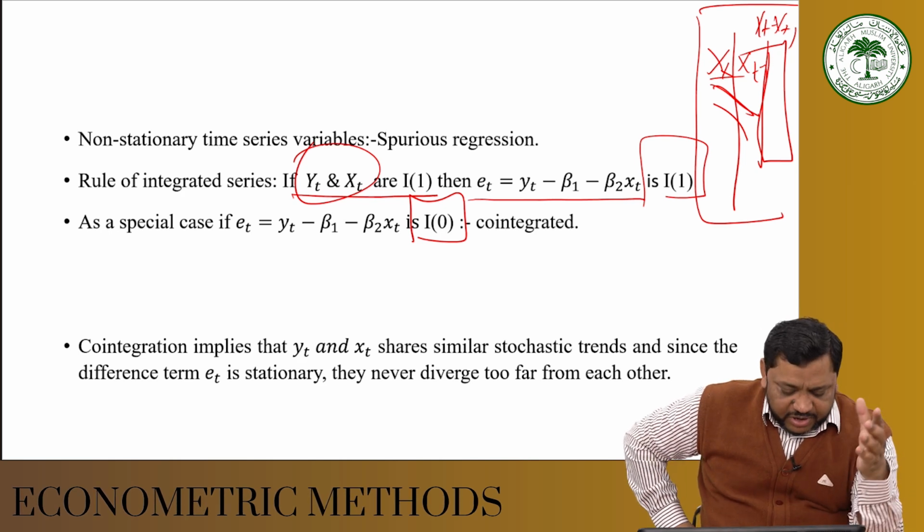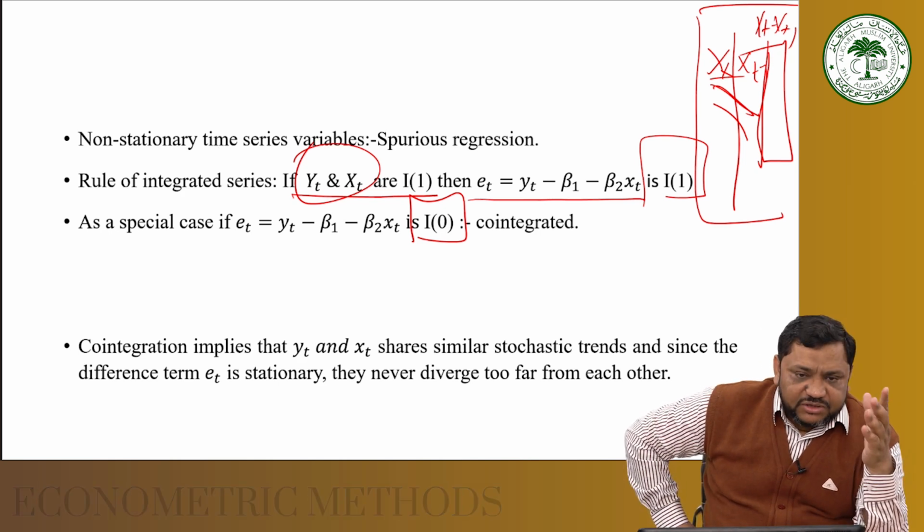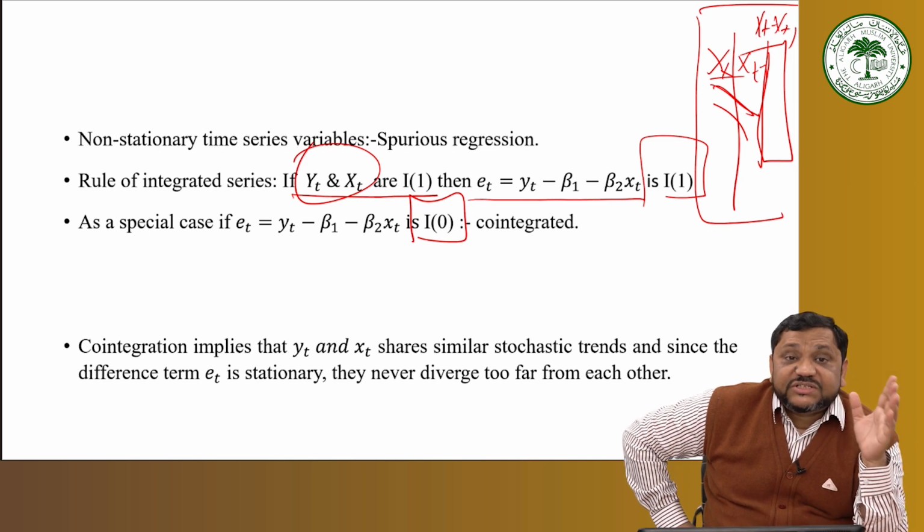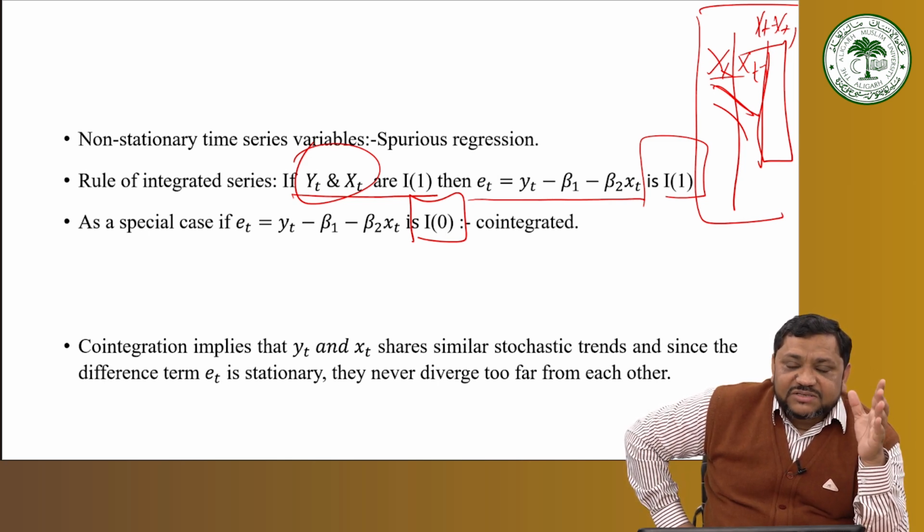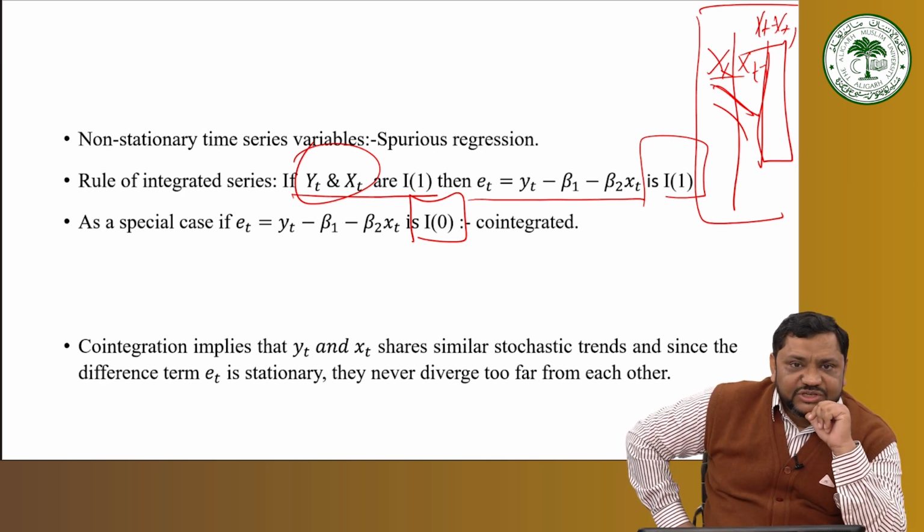That is how we define cointegration. It implies that the series xt and yt share a similar stochastic trend, and since the difference term et is stationary, they never diverge too far from each other.